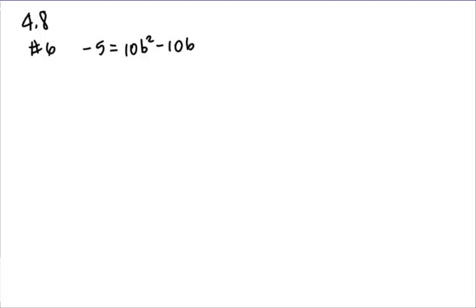Okay, so this is number 6 from section 4.8, and again, we're working on the assumption that we have a quadratic, and that quadratic is going to equal 0. And if it does, I can use the quadratic formula.